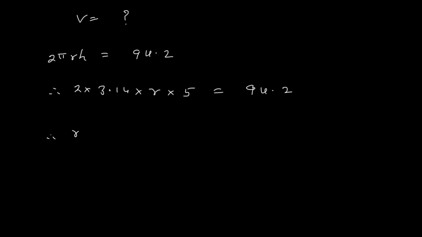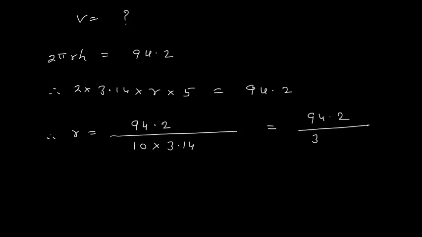Therefore the value of r is 94.2 divided by 10 into 3.14, so 94.2 divided by 31.4. Now 4 3s are 12. If I multiply by 3, 3 4s are 12, I get 2, 1 carry, 3 1s are 3, 1, 4, and 3 3s are 9. So 94.2 I can easily cut and I will get the answer as 3.